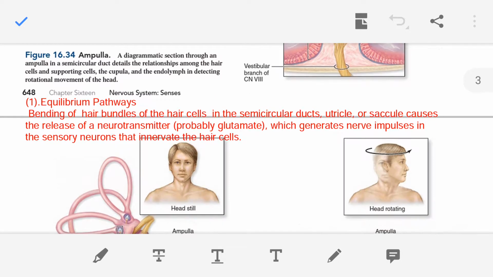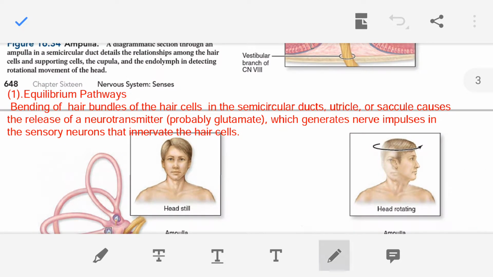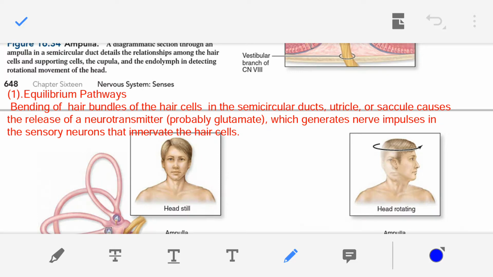So this point: bending of the hair bundle of the hair cell in the semicircular duct, utricle and saccule. When the hair cell bends in the semicircular duct, utricle or saccule, the hair cell releases a neurotransmitter, and probably the neurotransmitter released is glutamate.